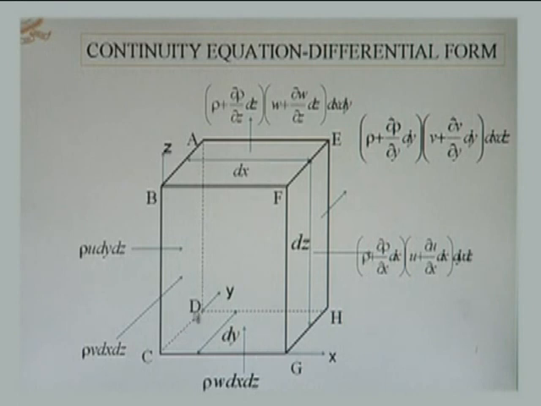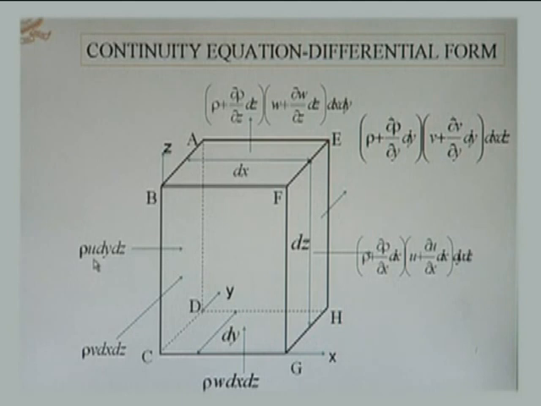Now, in this control volume we have fluid flow happening in the x direction, y direction and z direction. Suppose fluid is entering through face A, B, C, D in the x direction with velocity u.